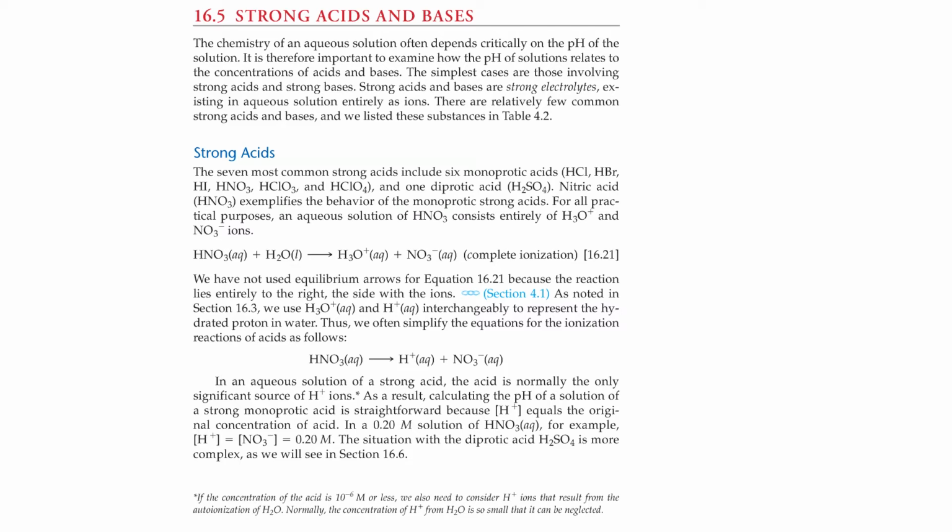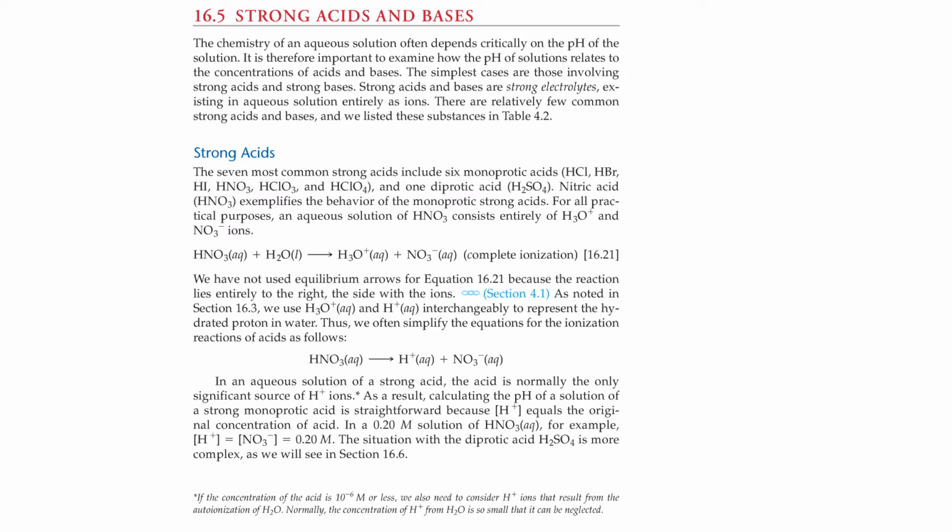in water. Thus, we often simplify the equations for the ionization reactions of acids as nitric acid yields protons plus nitrate. In an aqueous solution of a strong acid, the acid is normally the only significant source of hydrogen ions (protons). As a result, calculating the pH of a solution of a strong monoprotic acid is straightforward because the concentration of H+ equals the original concentration of acid.